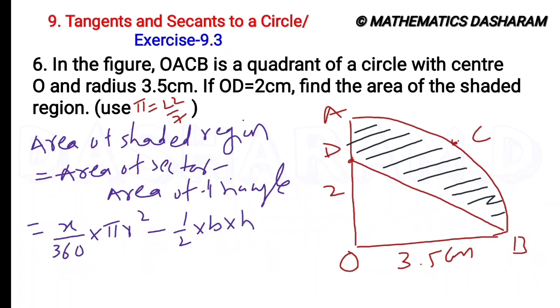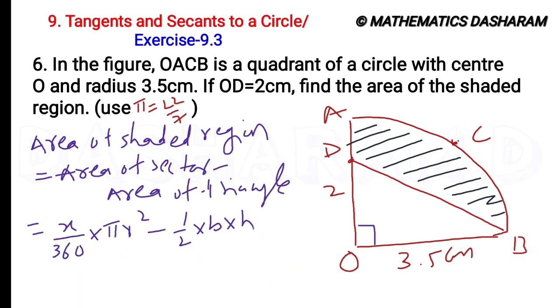So one thing you remember, for example, here is a circle. It is divided into 4 equal parts. So each part is a quadrant. In the circle, angle at the center is 360 degrees. Then in each part, here is 90 degrees. So that is why here 90 degrees will be there. Okay. The angle at the center in a quadrant is definitely 90 degrees.